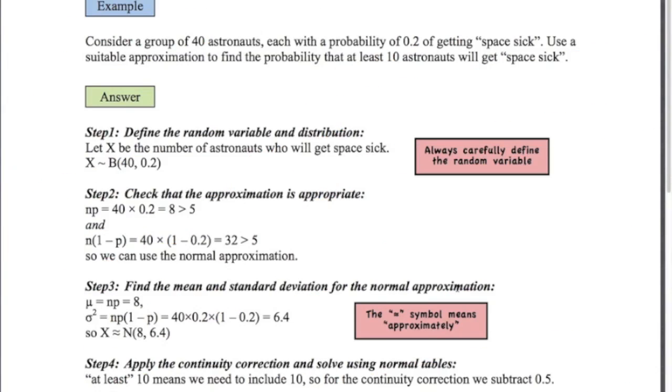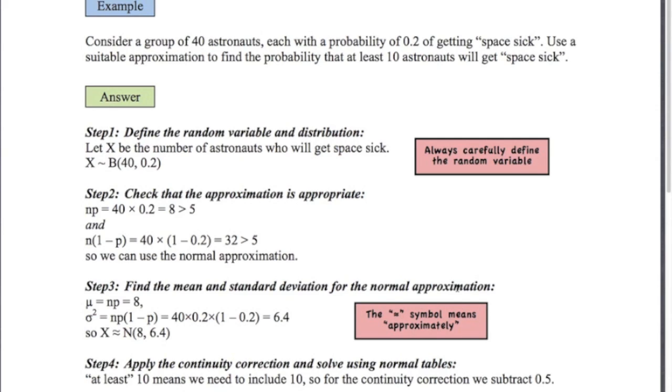So here's an example of the process that you need to go through. I use this example with the astronauts back with the binomial distribution. In this case we've got 40 astronauts. The probability is 0.2 of each getting space sick. And I want to know the probability that at least 10 will get space sick out of that 40. I've stepped this out very carefully.